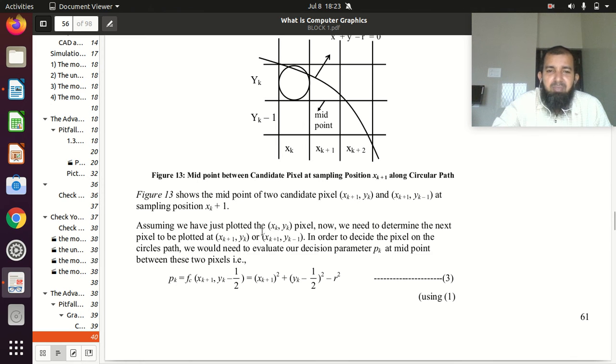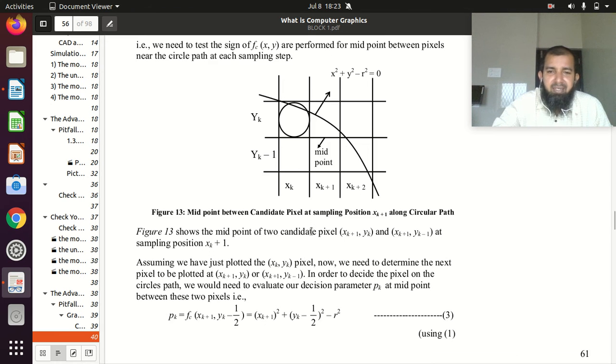Assuming we have just plotted (xk, yk), we need to determine the next pixel. What is the next pixel, whether this one or this one, that is the question: (xk plus 1, yk) or (xk plus 1, yk minus 1).